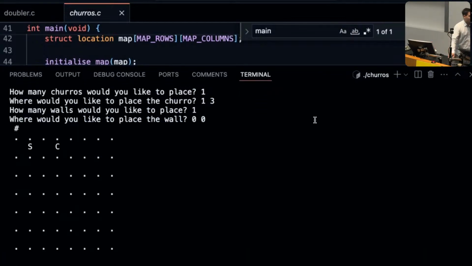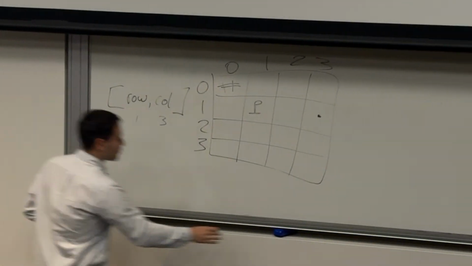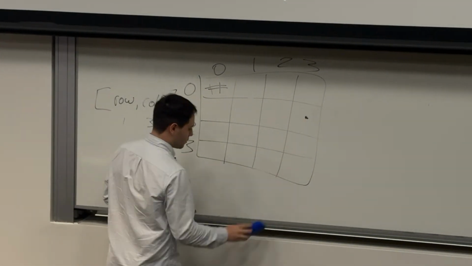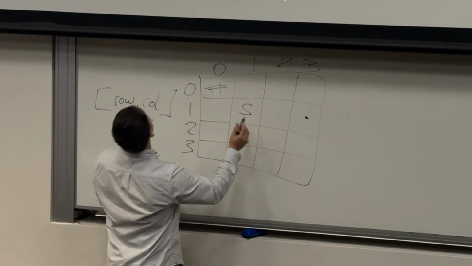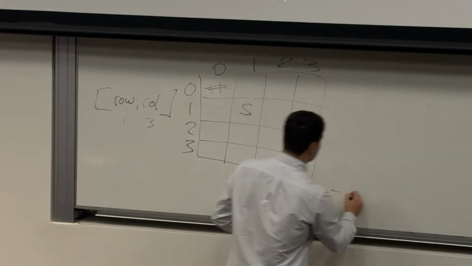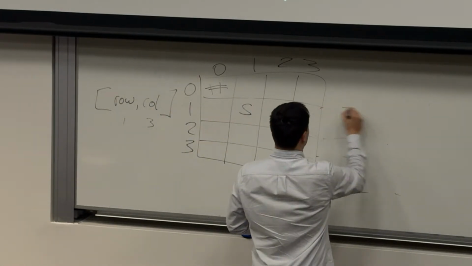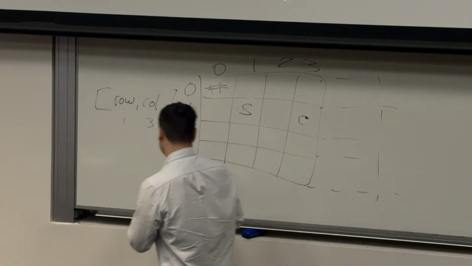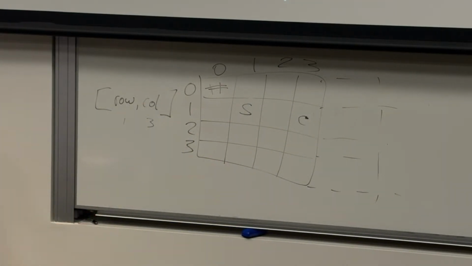Does this map over to what we expected? And we put the wall here. Is that correct? Yeah, I used the wrong character for the player, so that should be an S. And the churro is what? C. Oh, and of course, the game board is bigger. But everything's working correctly, so that's good.